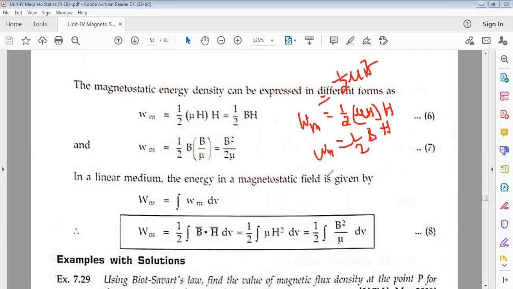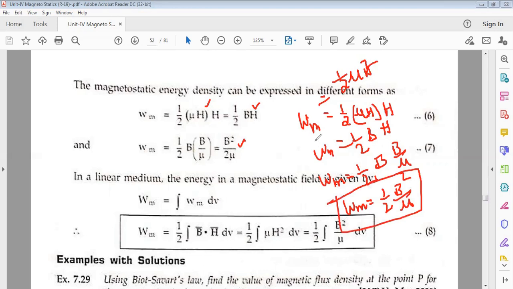And Wm can be written in terms of the magnetic field intensity and the magnetic flux density. Only in terms of the magnetic flux density, change H to B by mu: Wm is equal to 1 by 2 B square by mu.